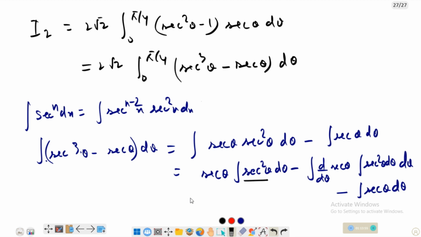The integral of sec square is tan, so this is sec theta into tan theta.